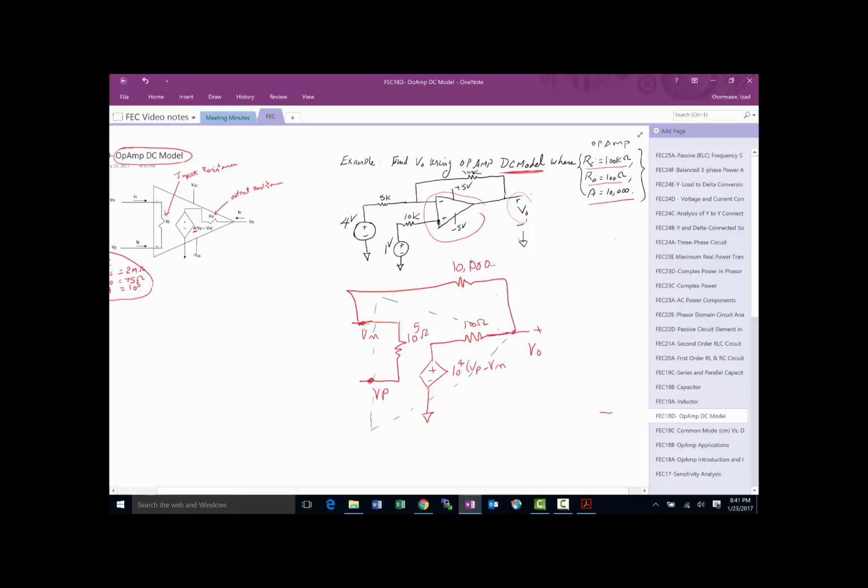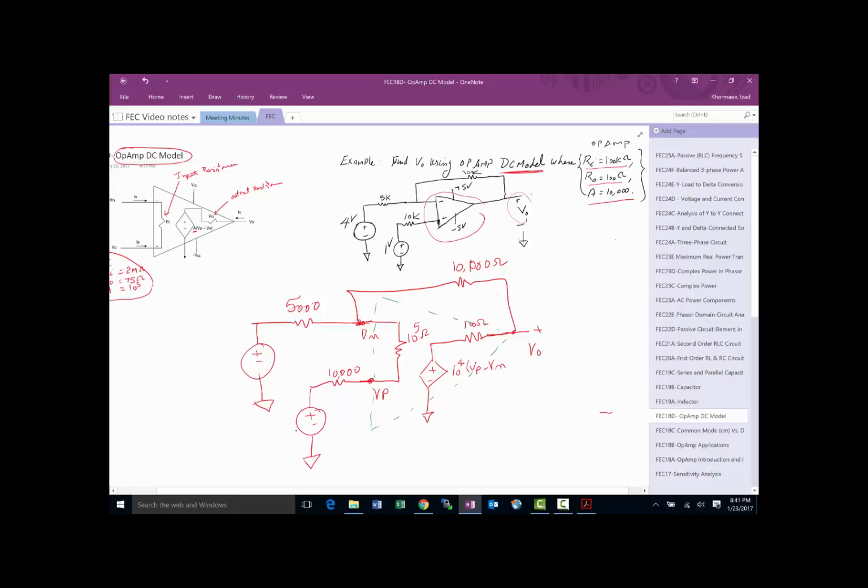Let's make it all ohms. 10,000 ohms comes to Vn, and from here 5,000 ohms goes through a 4K, and then this one goes through a 10,000, and it goes through plus and minus.